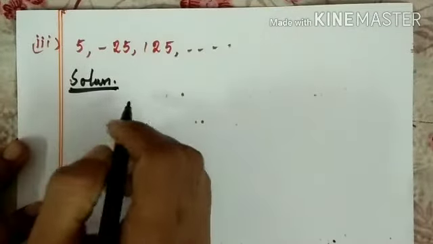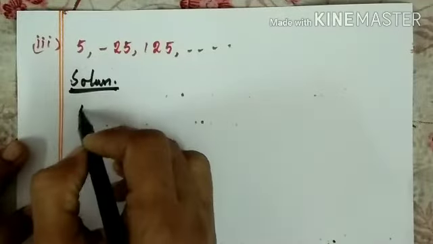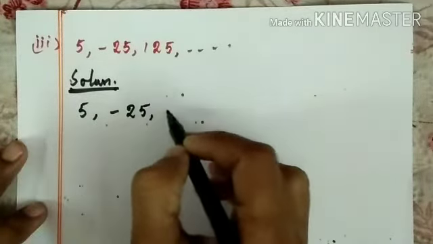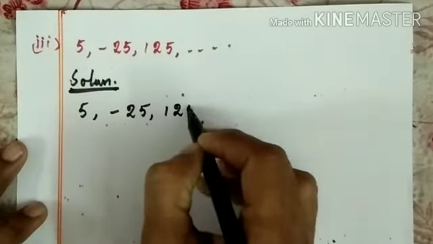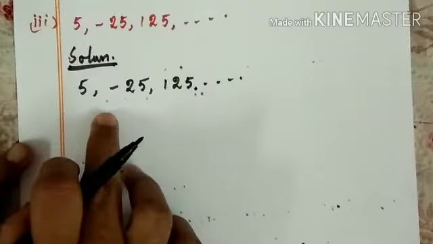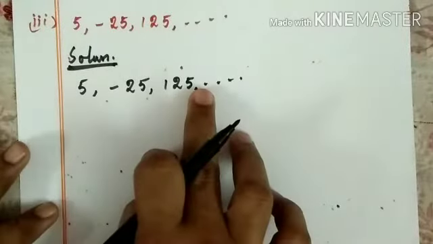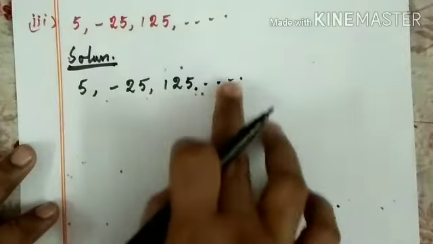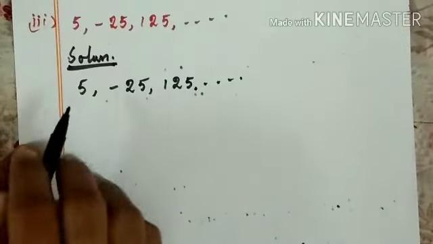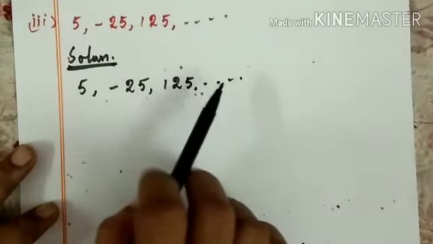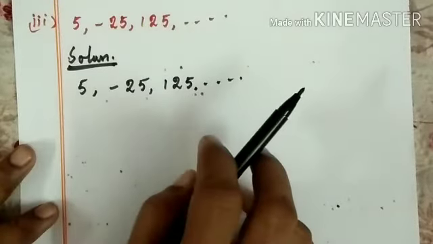See, first you write down the given sequence: 5 comma minus 25, 125 and so on. You have to observe this sequence. 5, 25, 125 are powers of 5. Then next you see the sign, plus minus, like that alternately going on.